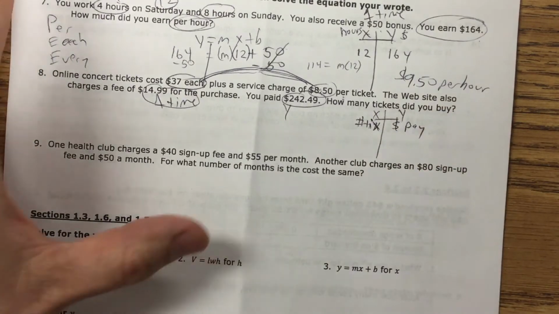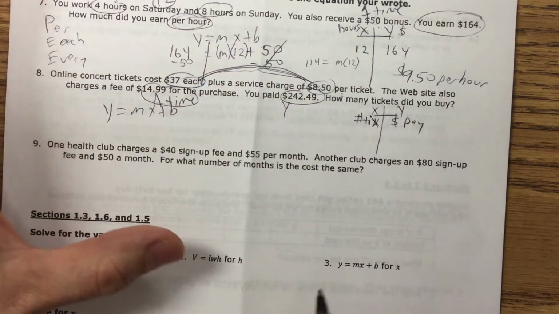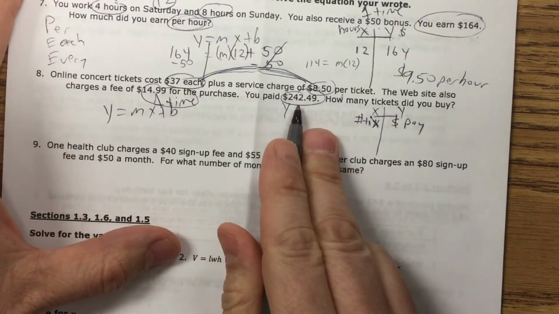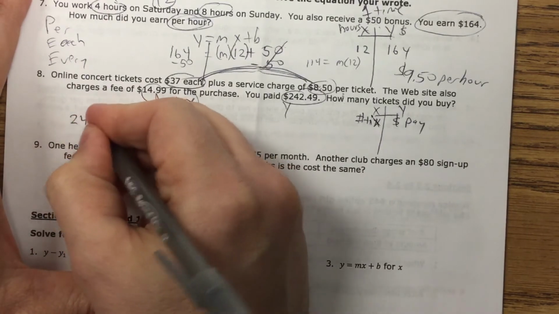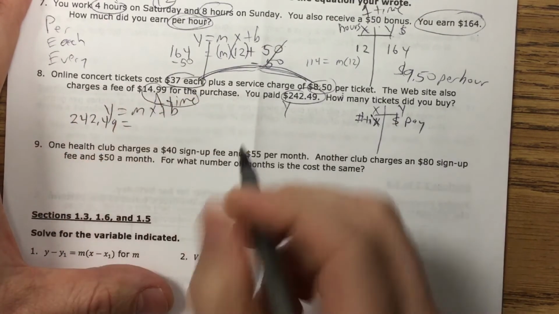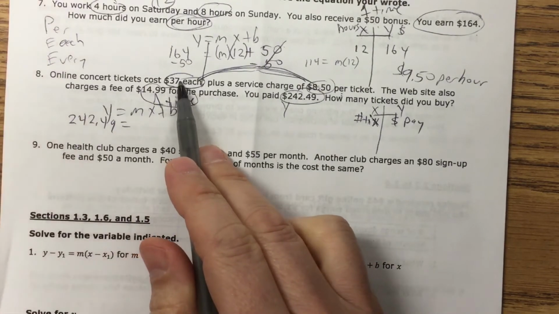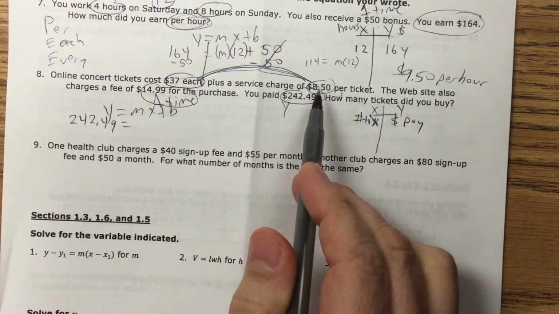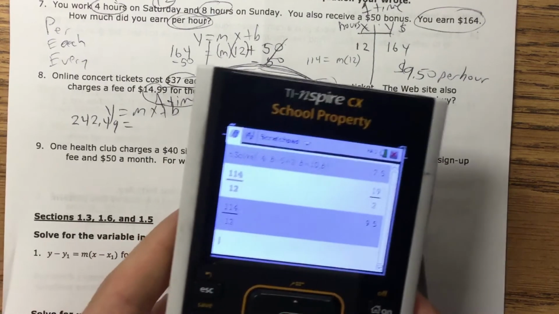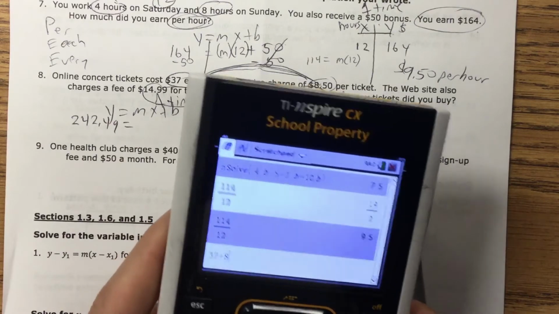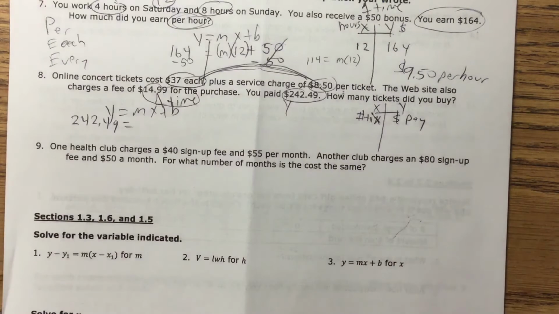Okay? So, with our pattern, y equals mx plus b, we know how much we paid total, $242.49. Okay, we know how much we paid per ticket. It's $37 plus $8.50. So let's add those together. $37 plus $8.50, $45.50.